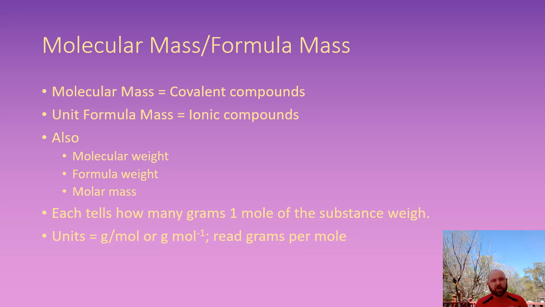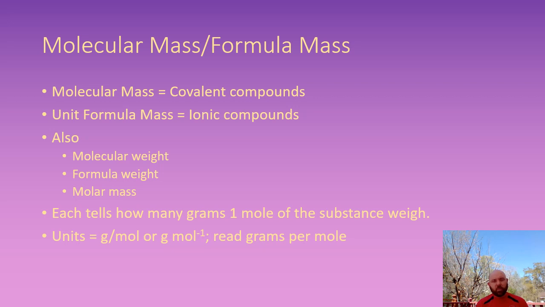For the covalent compounds, we do see molecular mass quite a bit, but sometimes you'll hear people say molecular mass for the ionic compound formula units as well. And you also may hear these other terms, molecular weight, formula weight, or molar mass, kind of interchangeably. What they all refer to, however, is how many grams 1 mole of that substance weighs.